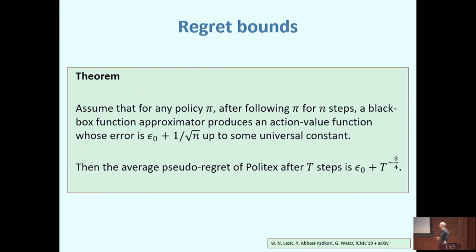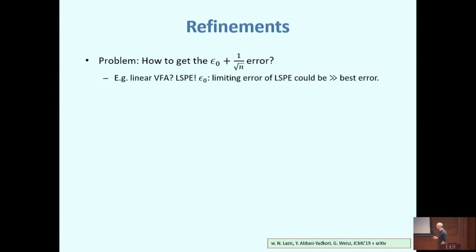That's the average regret per time step. It's a bit slow, I don't like it that much, but what's nice is that if the floor of the error is epsilon naught, then that just appears there in the regret, which is unavoidable, but that's the best possible that you can do.